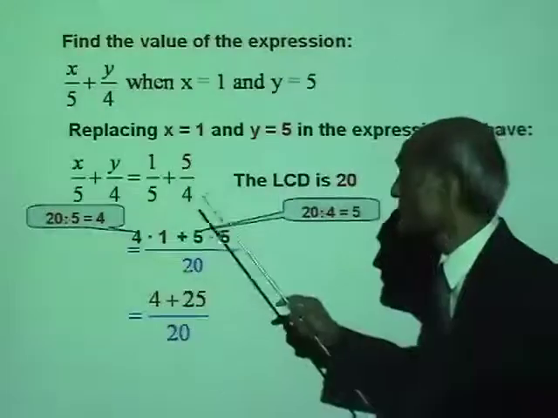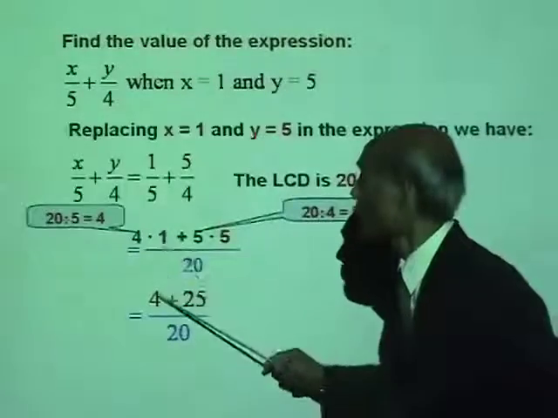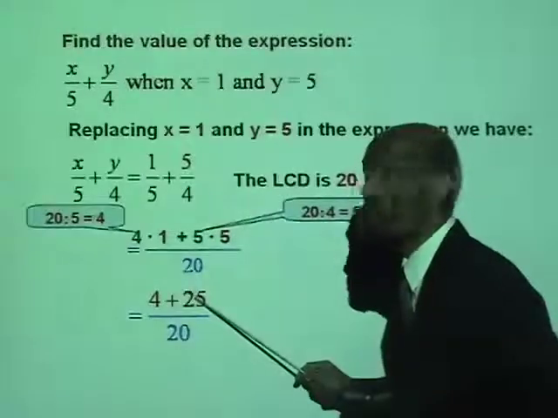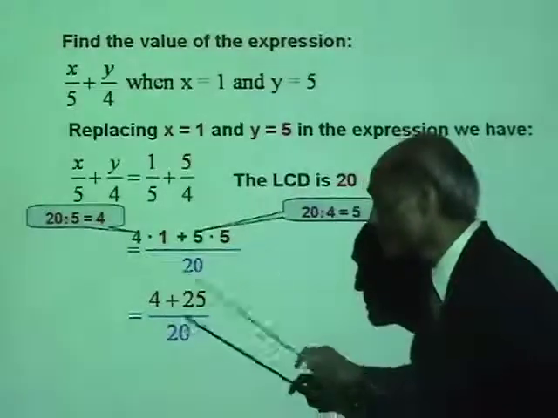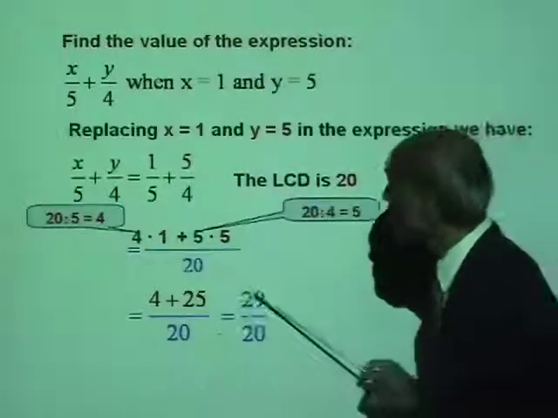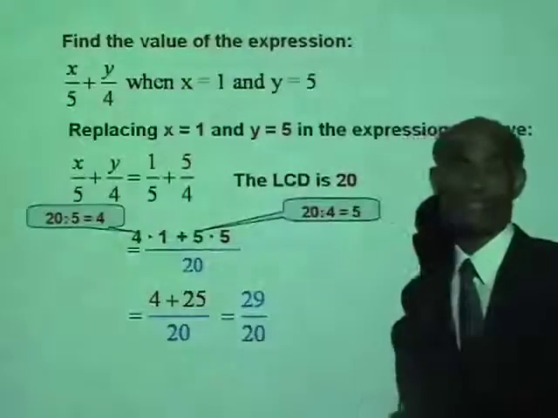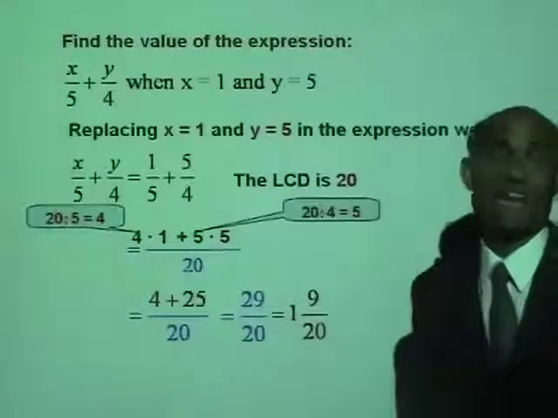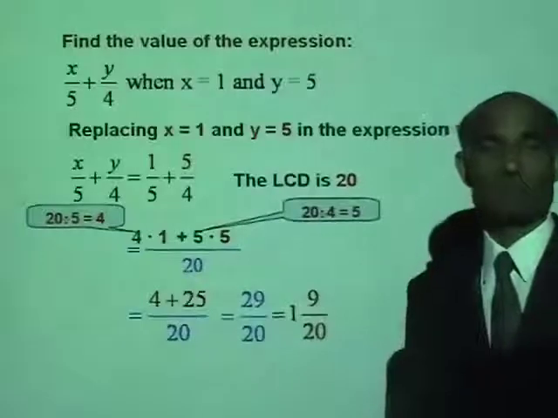Simplify now the numerator. 4 times 1 is 4, plus 5 times 5 is 25, and the common denominator is 20, and that will be 29 over 20, and that is 1 and 9 over 20.